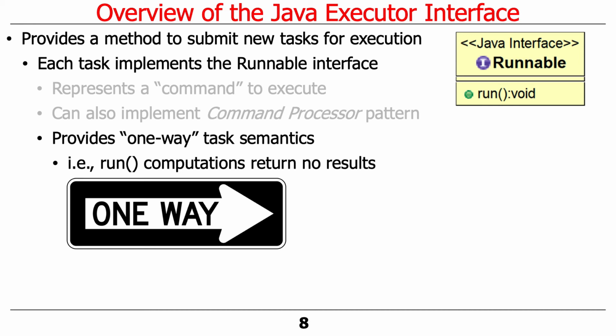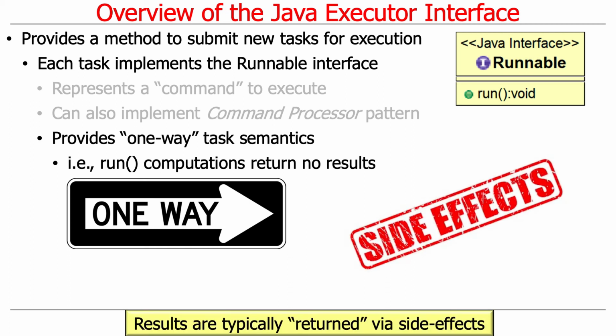The Runnable, of course, contains the computation, so you give it to the framework, and the framework executes it, and there's no result coming back, at least no result coming back through some API that's part of the Executor framework abstraction. You could have some other way to get results back, but that would be through side effects, not through a return value. So they're one-way tasks, and any kind of results you want to have have to be done through side effects.